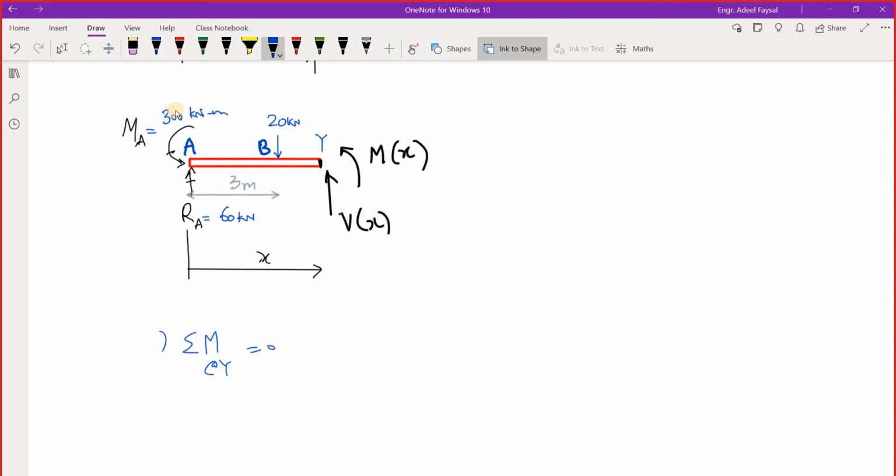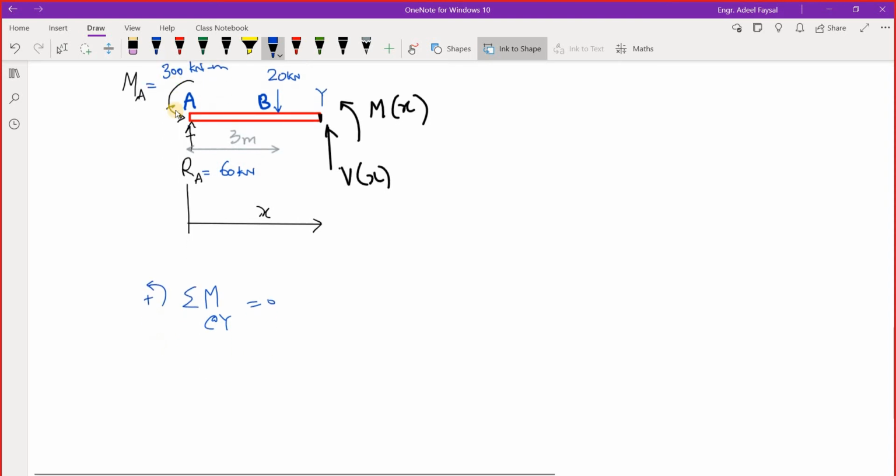So again let's treat this direction positive, so maybe you can write minus 300, sorry, plus 300 minus 60x. Okay, let me change this. I would like to show this one positive. Alright, don't mind this, but I would like to do this.